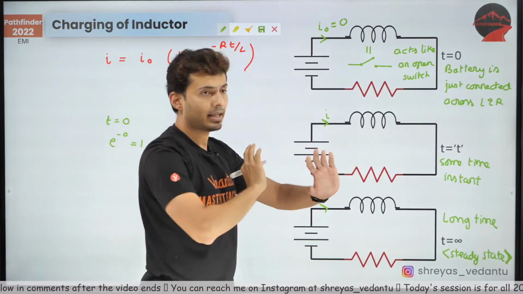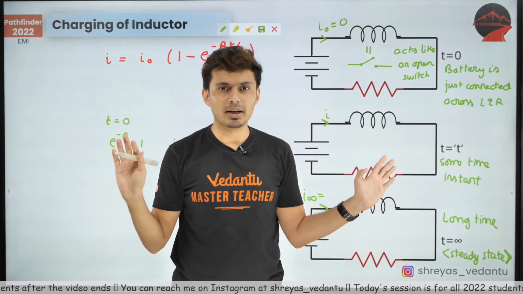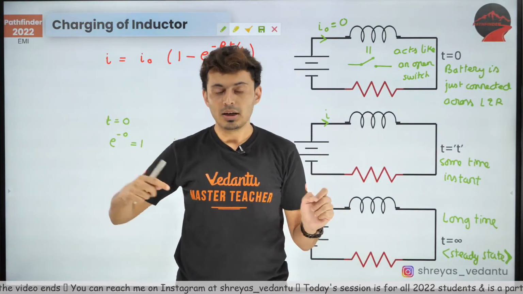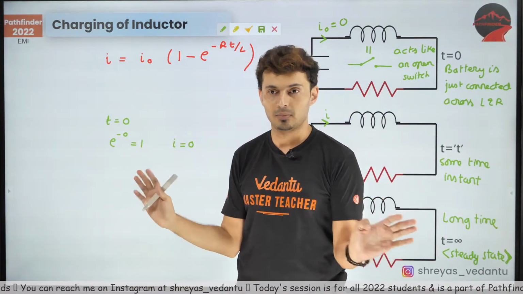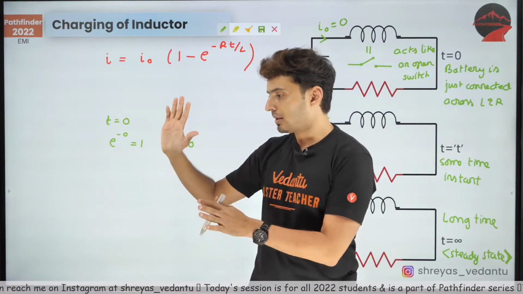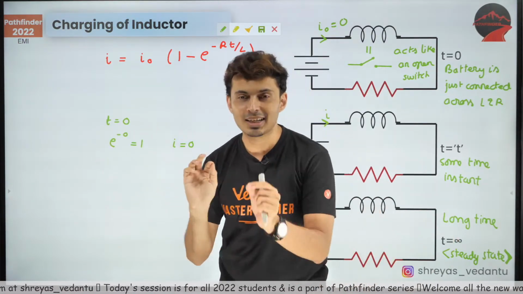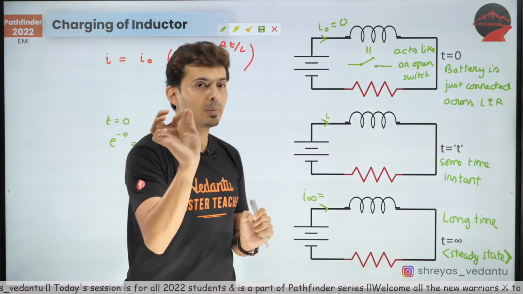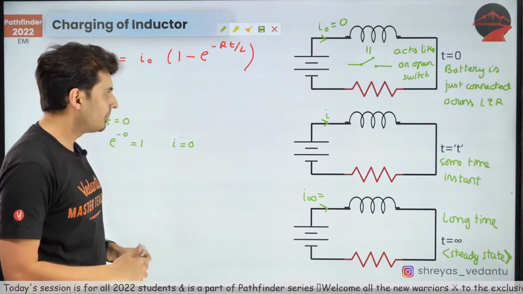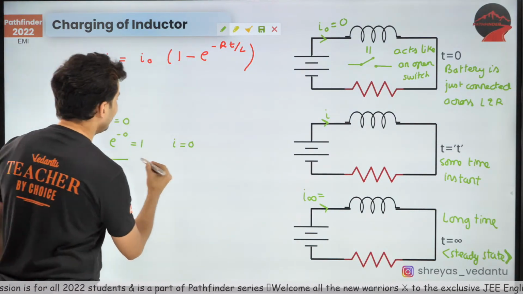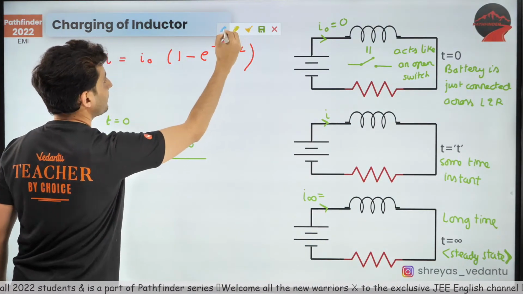See, all this while there was no current. Suddenly you turn on the switch, and the inductor will be like, hey, wait a minute, hold on. You can grow, but wait a minute. It takes some time to react. It will first wait. So the current won't rise instantly, it will start from zero. Make sense?